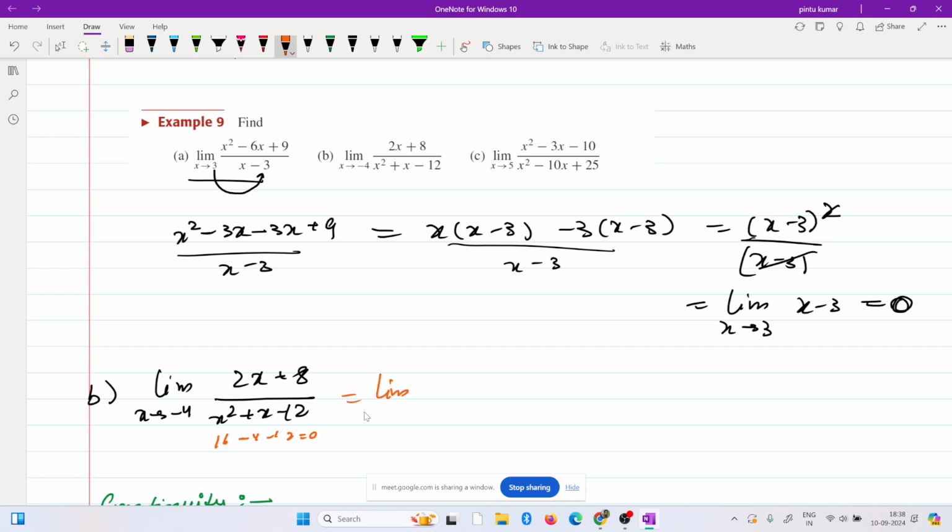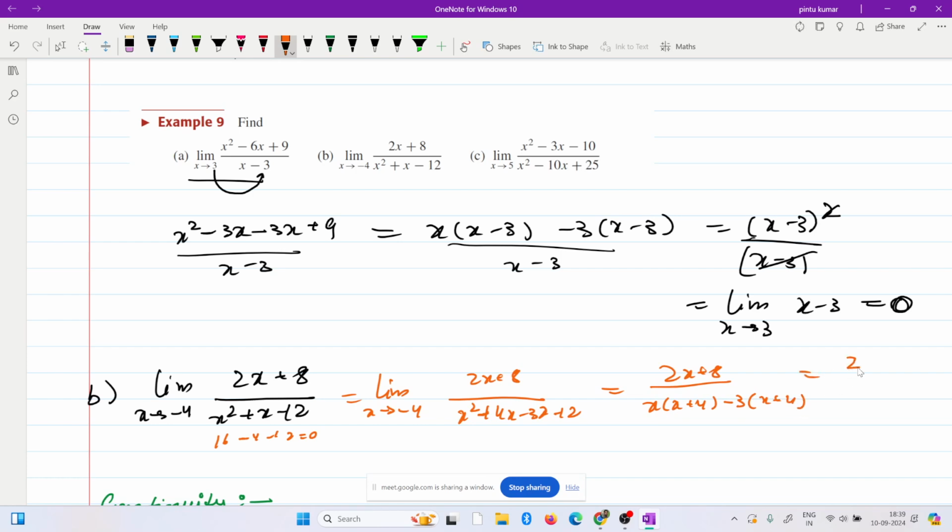This is equivalent to limit x tends to −4, (2x + 8) divided by (x² + 4x − 3x − 12). This is 2x + 8, (x + 4) − 3(x + 4).